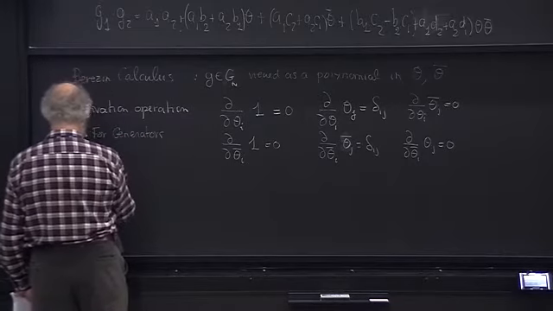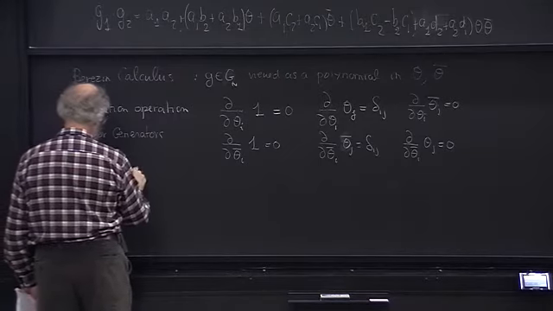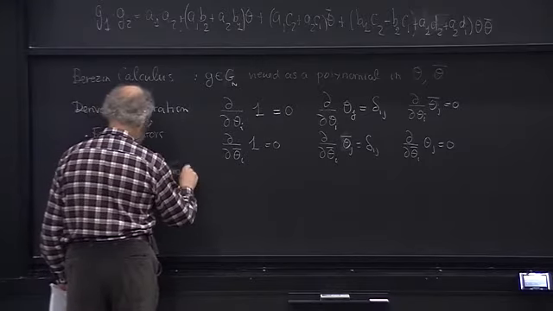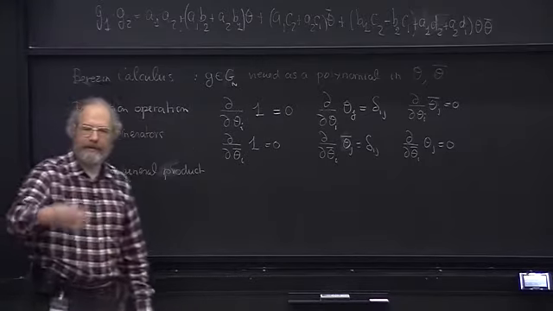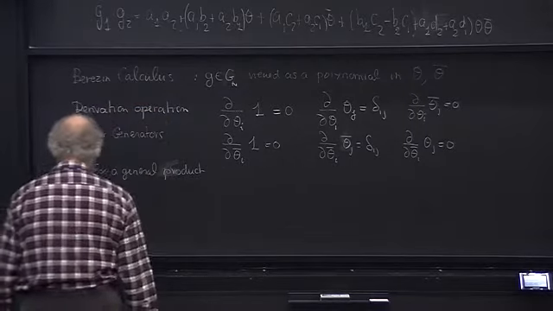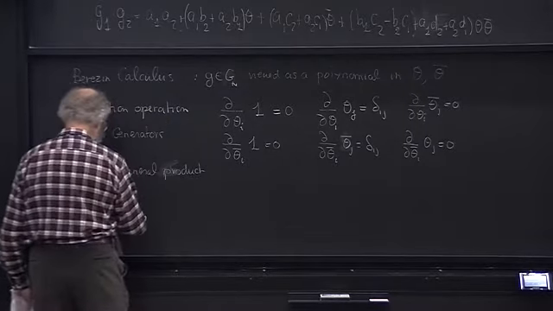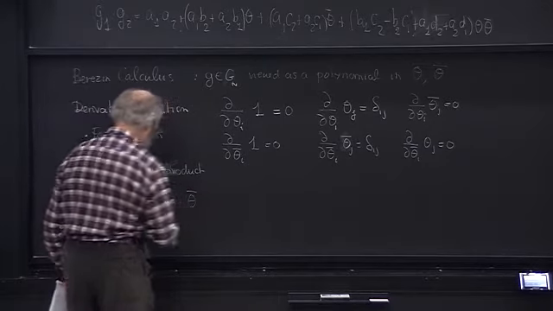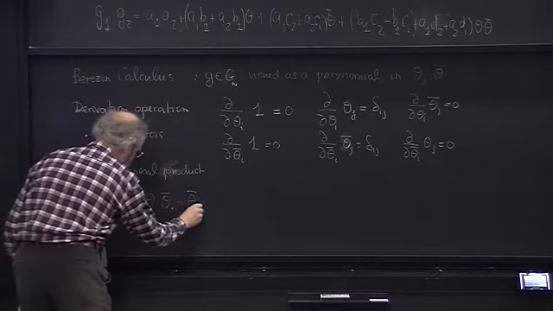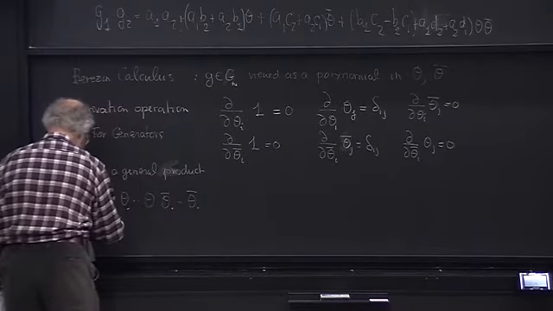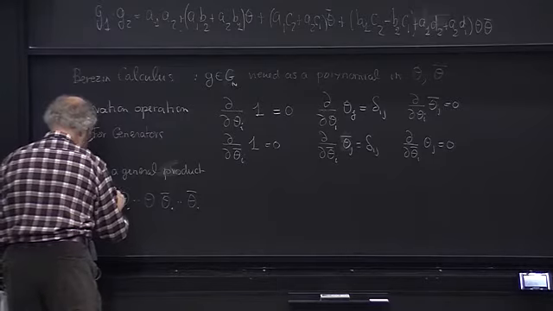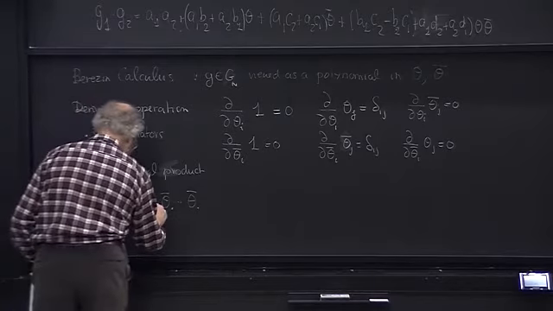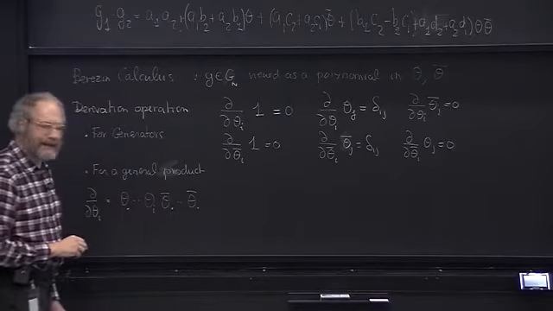For a general product of thetas and theta bars with some indexes, I want to define what d over d theta i of these products is. So I look for whether there is a theta i inside.